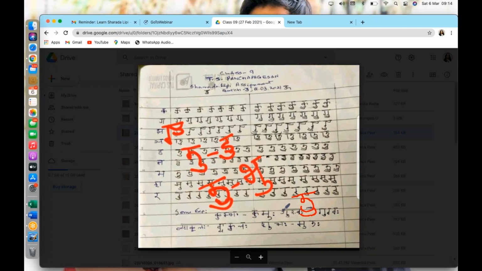Good that you've tried some words also. That reminds me that in the assignment folder, the reference material folder, we had uploaded a sheet which had examples of the words with these particular matras. I think all of you have probably missed that part.